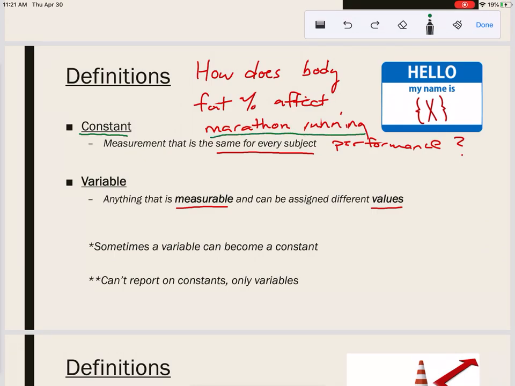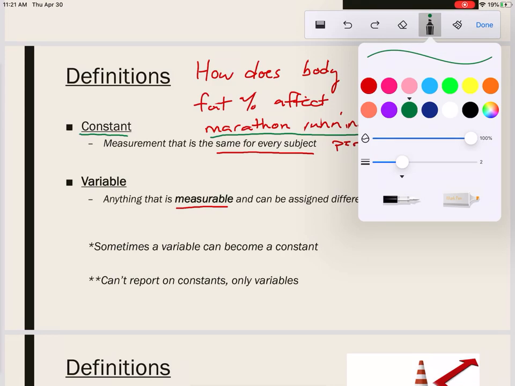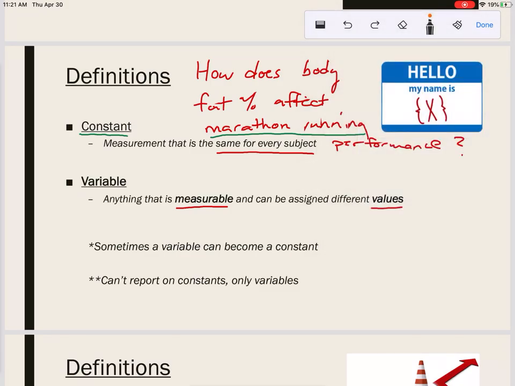So what would the constant be? The constant in this example would be marathon runners. Because if I'm going to be doing a study looking at marathon runners, the constant is that they're all marathon runners. So in quote unquote, that measurement, it may not be a measurement. It may be more of a category that's always the same, which does not change.